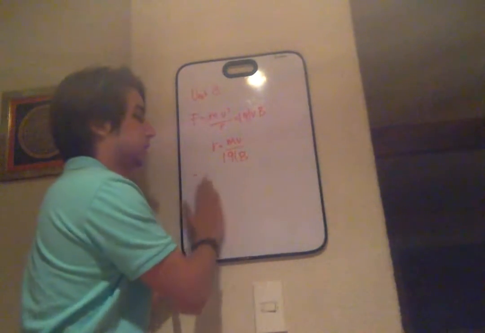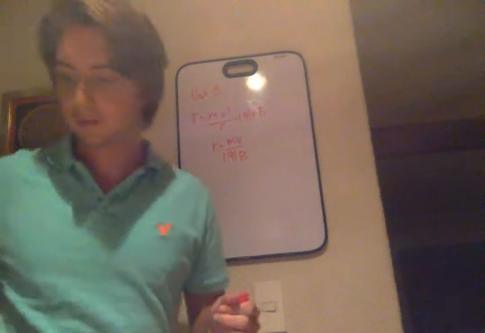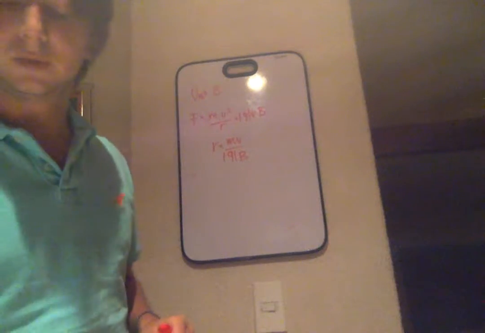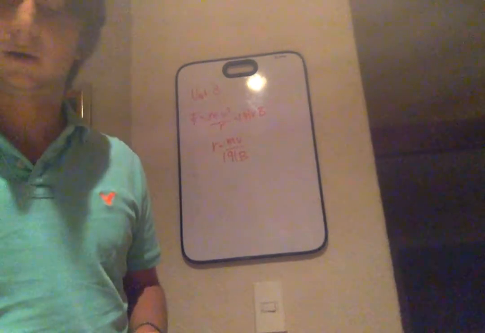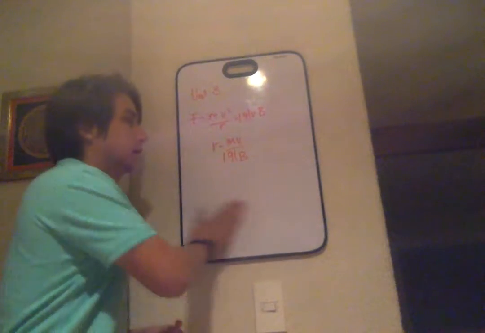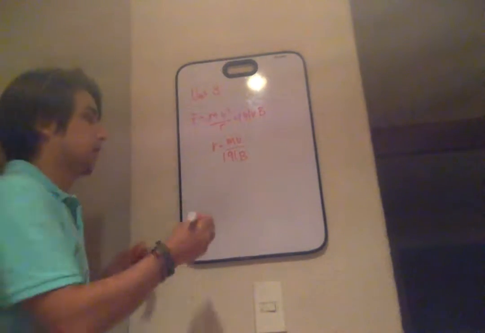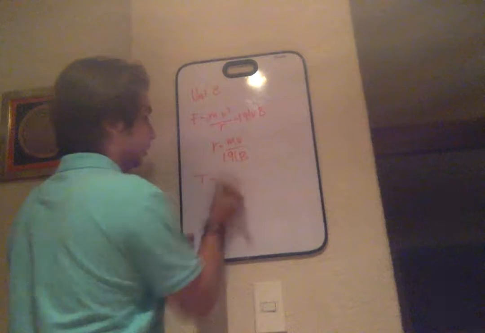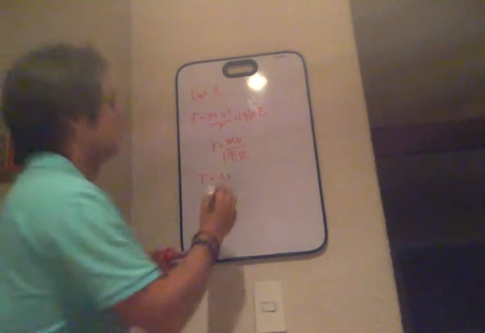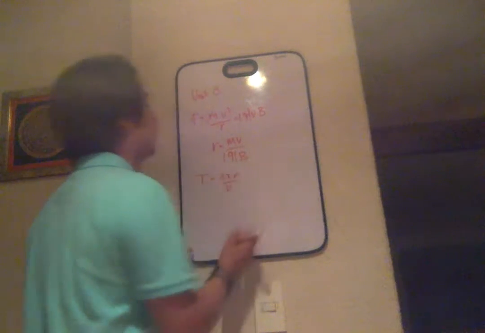And other equations that we can deduce from that are, for example, the period of a circular trajectory. If we remember, the period is equal to 2 pi radius over velocity.